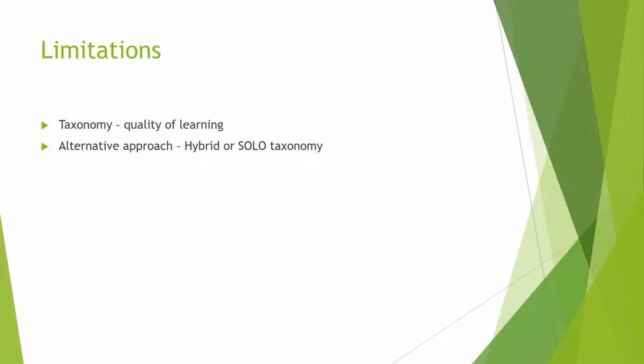Limitations. The limitation to the use of this process is that of the quality of learning. It cannot differentiate between good answers and poor answers. A suggestion to this is to use a standard reference assessment, just like what is being used to assess this presentation.